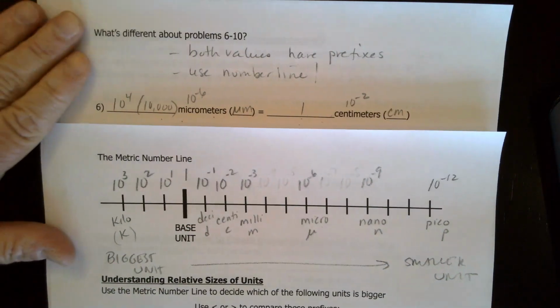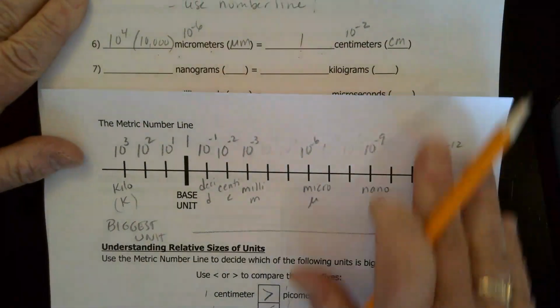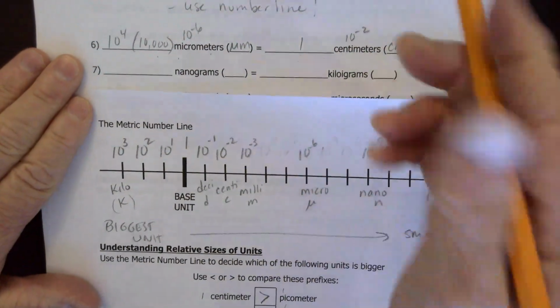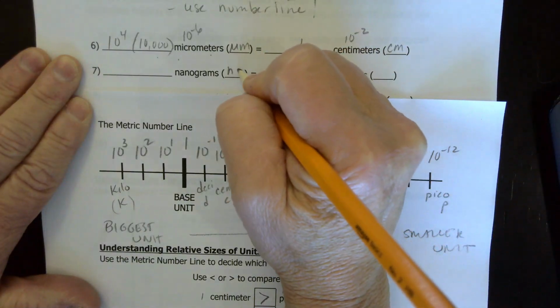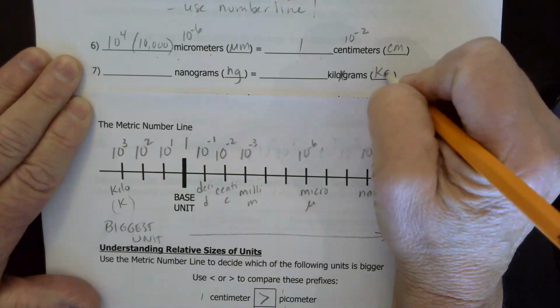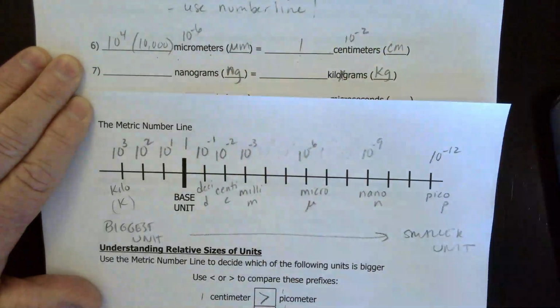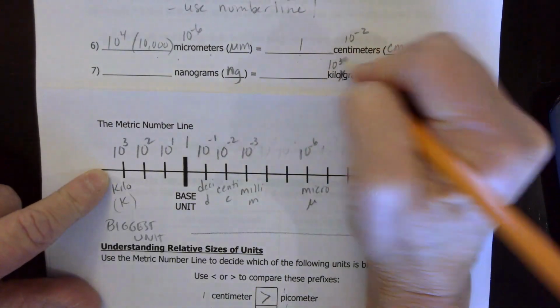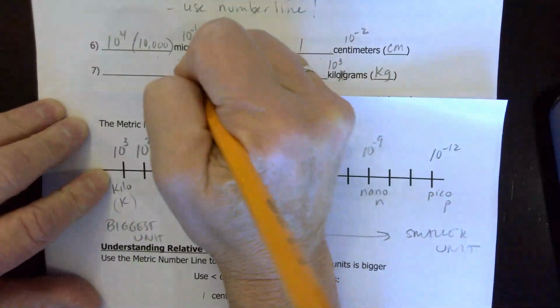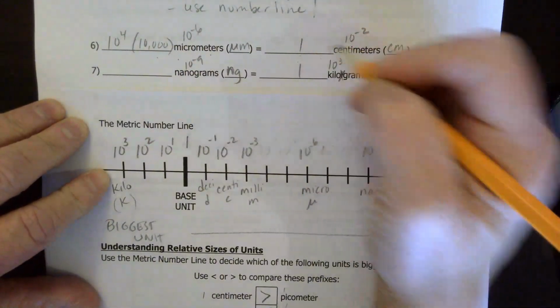Okay, let's take a look at the next one. Nanograms versus kilograms. Oh, there's a little typo there. Nanograms is NG, kilograms is KG. So what's bigger, a kilogram, which is 10 to the 3rd, or nanograms, which is 10 to the minus 9th, right? So the kilograms is much bigger.